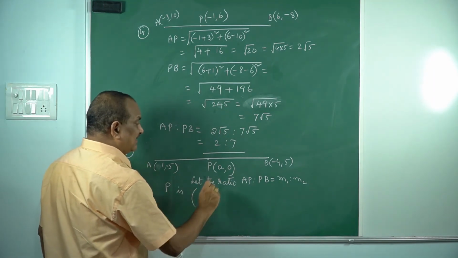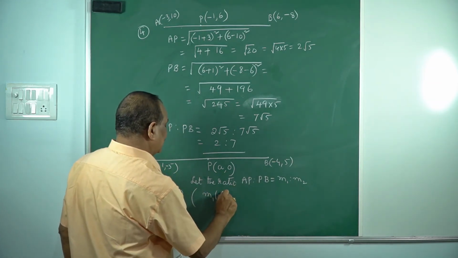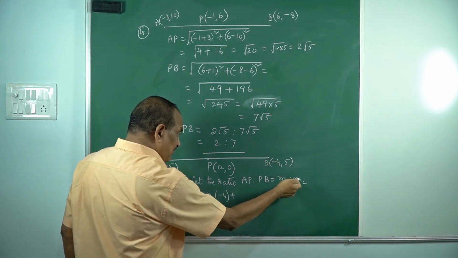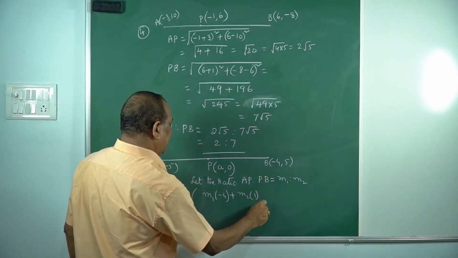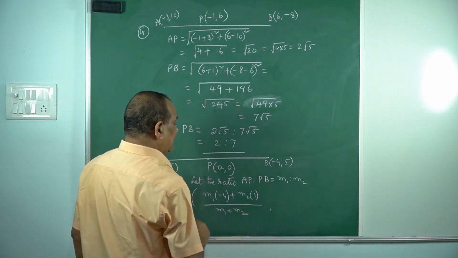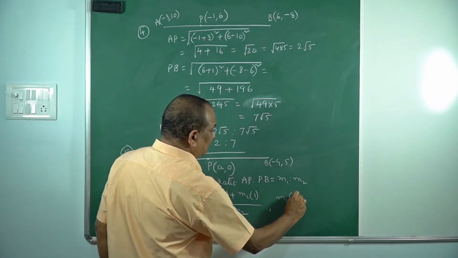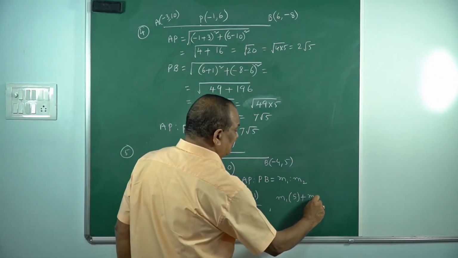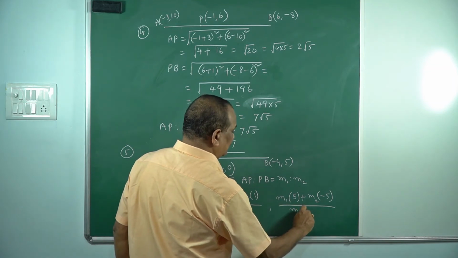P is M1 into X2, M1 into minus 4, plus M2 into X1, M2 into 1, by M1 plus M2, comma, M1 into Y2, M1 into 5, plus M2 into Y1, M2 into minus 5, by M1 plus M2.